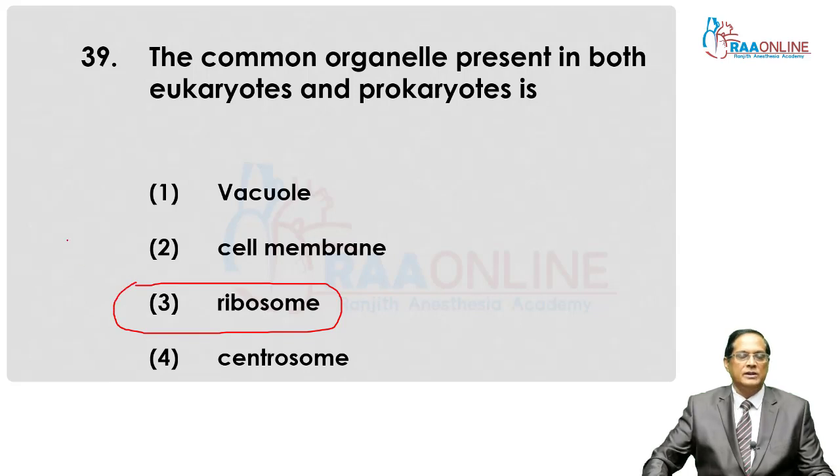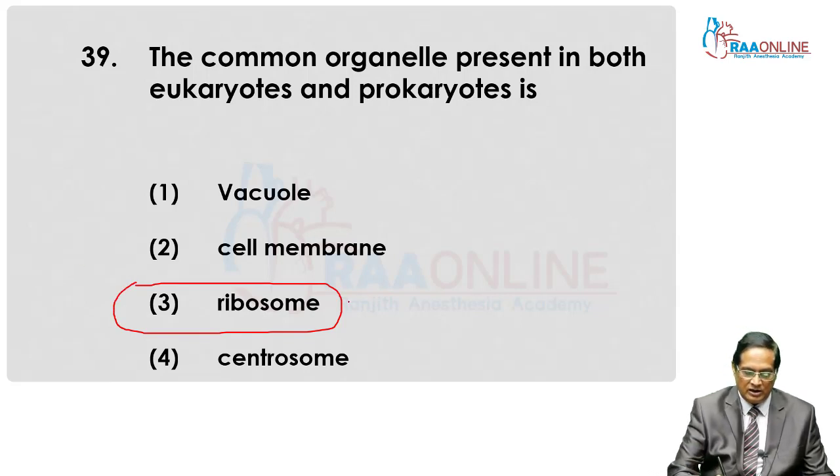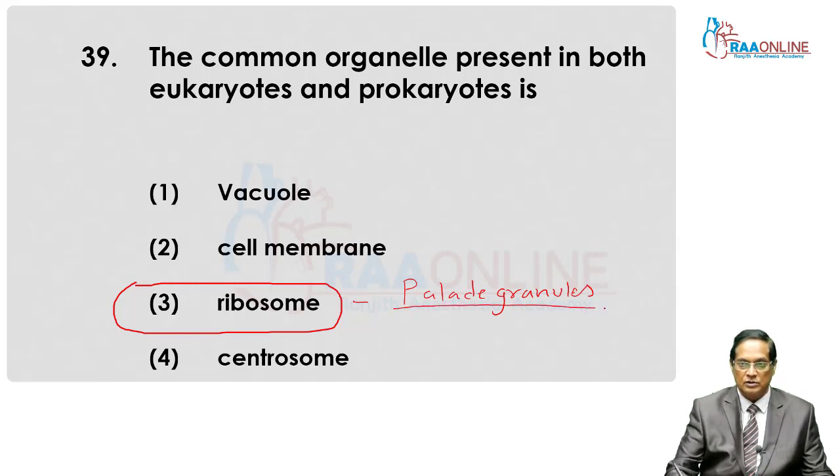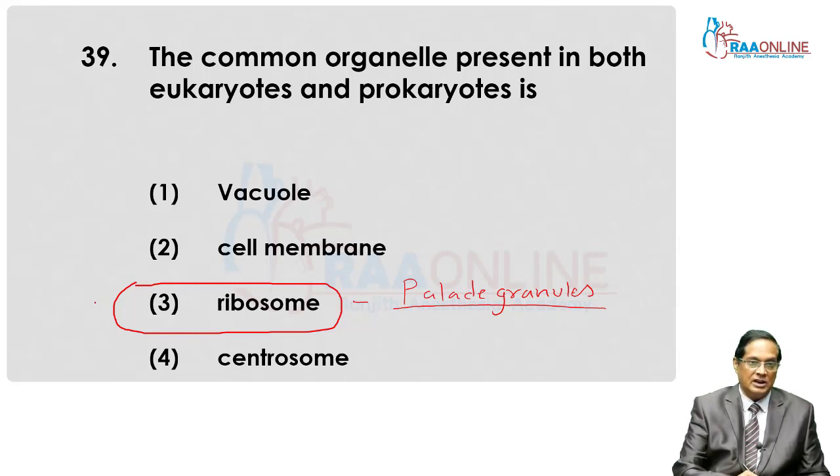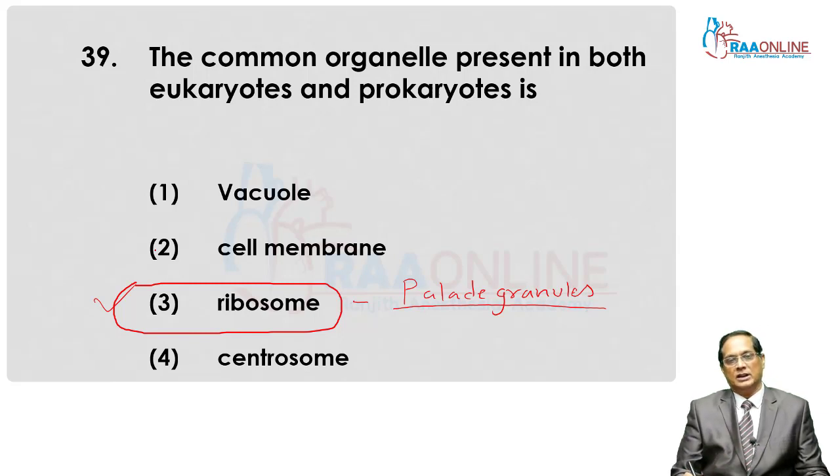It is a non-membranous cell organelle, reported by Palade, P-A-L-A-D-E, so they are also called Palade granules. In prokaryotic cells membrane bound cell organelles are not found, and this cell organelle is non-membranous.